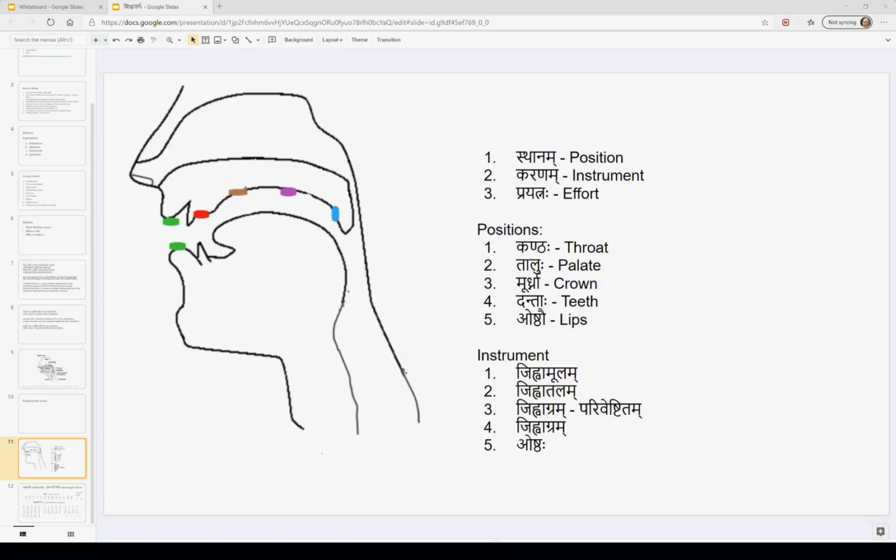Yeah. Is that right? Yes. Okay, thanks, sir. So with this, we have the three pure vowels, and the double ones.